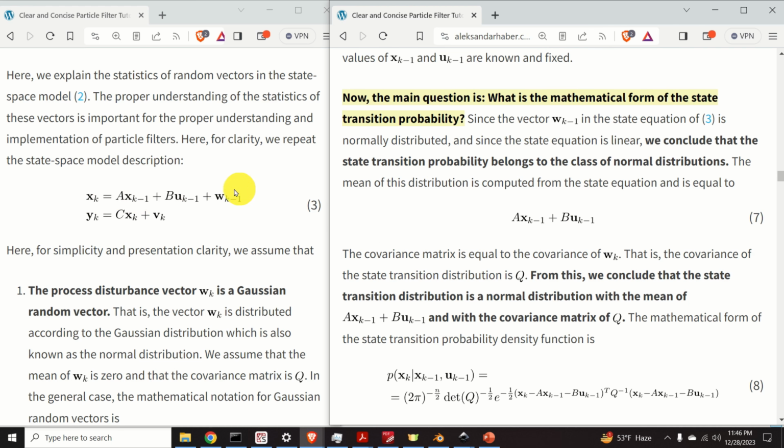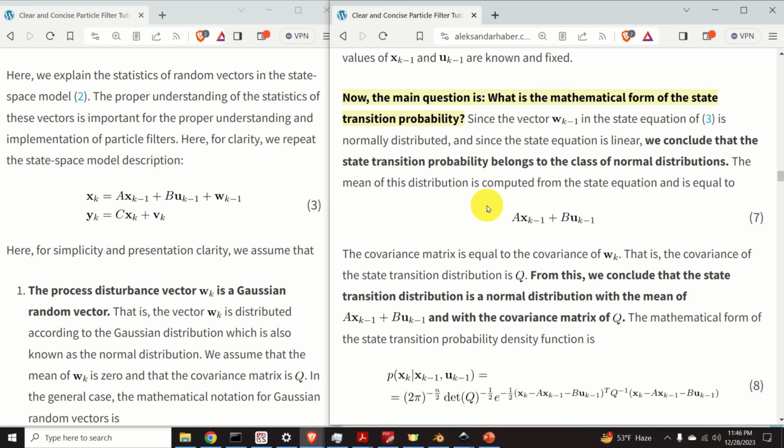This is because the expectation of wk-1 is equal to 0. The covariance matrix is actually equal to the covariance of wk or the covariance of wk-1. That is, the covariance of the state transition distribution is q.